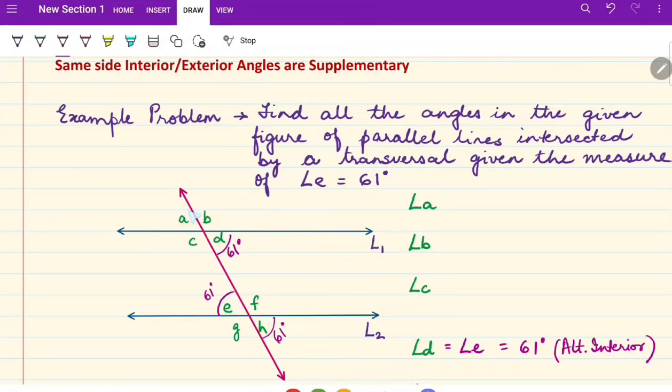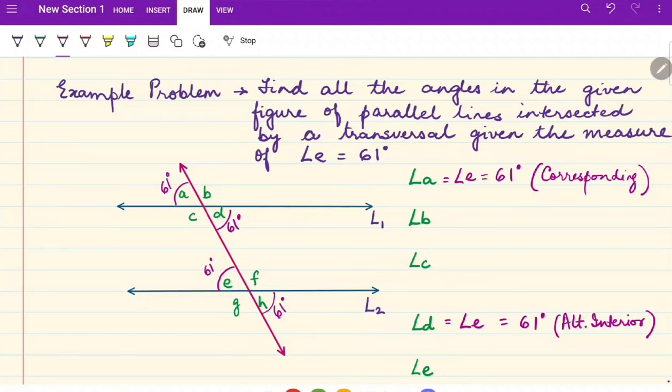Angle A is the corresponding angle to angle E. So let's mark that as 61 degrees. Angle A will be equal to angle E, which is 61 degrees, because they are corresponding angles. I think we have covered all the angles that would be equal to 61 degrees in this figure.